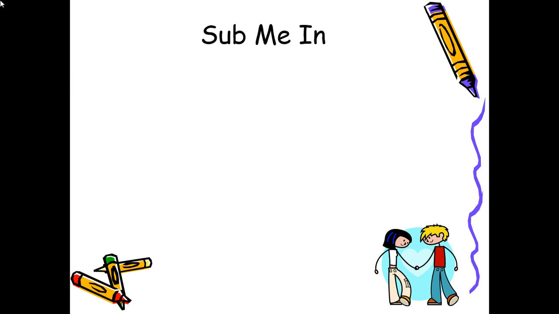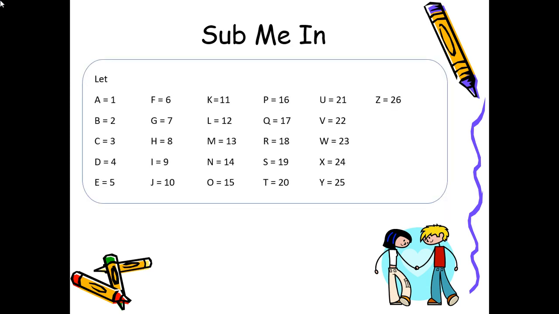This activity is called the Substitute-in. You will substitute the value of the letters that I will give you. The teacher will give you a word and you will find the corresponding number of each letter. Then, after you find them, you are going to get the summation of those numbers.